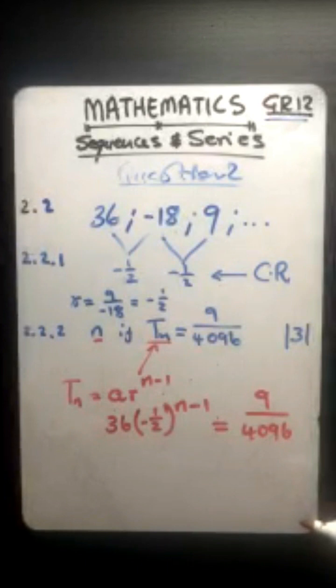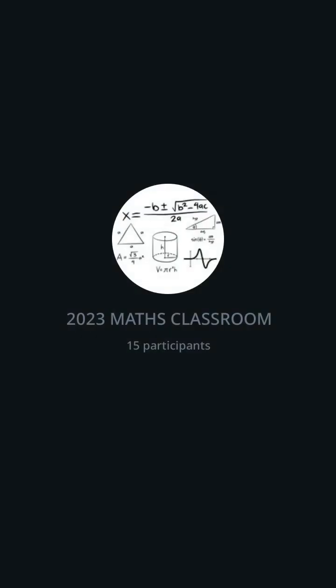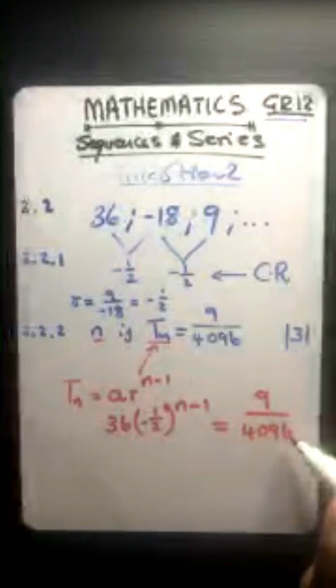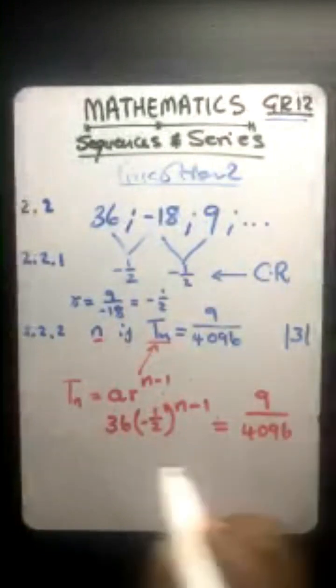Let's see now how we're going to work out this thing. That's why you need laws of exponents. Let's get rid of that. Why?